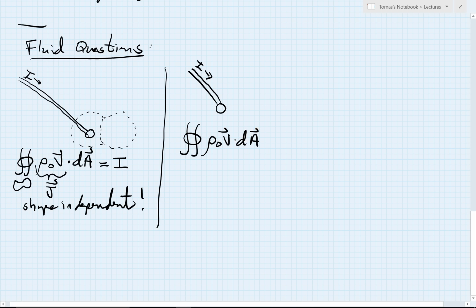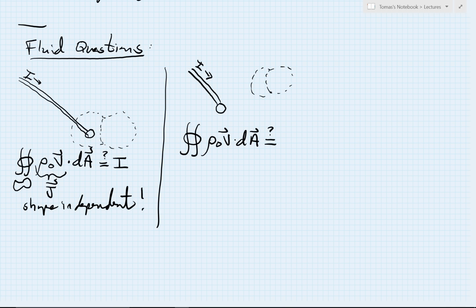But now what's going to be different is the peanut surface, my favorite general crazy-shaped surface. Here's another peanut surface over here. It's not actually going to have the source within it. What should I expect to get in this particular case? Previously, when it was inside, we got the current I. What are we going to get now?